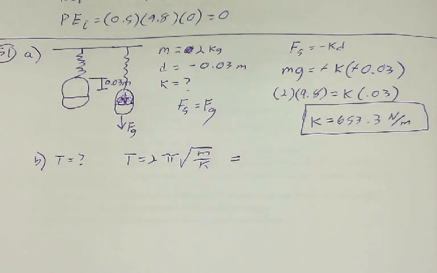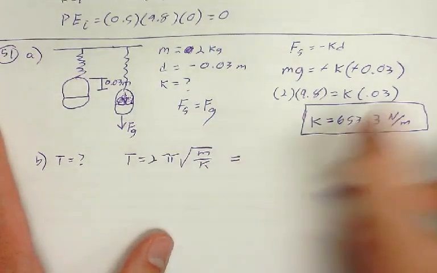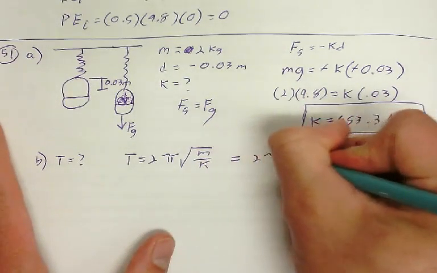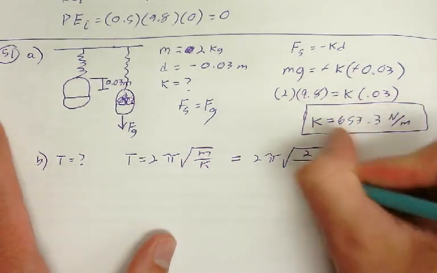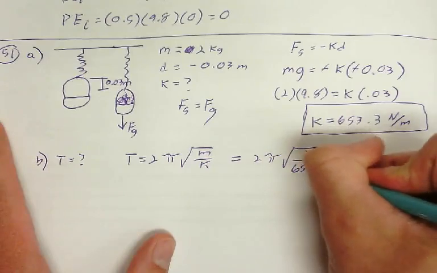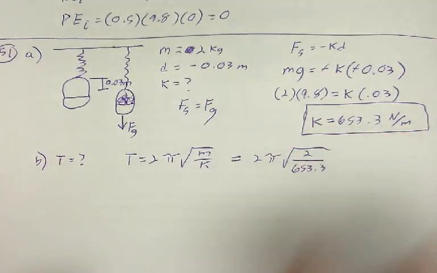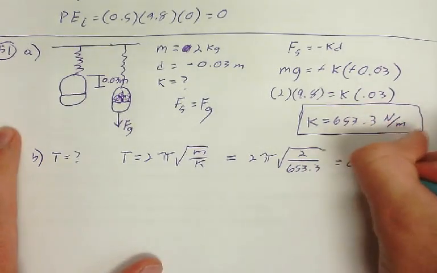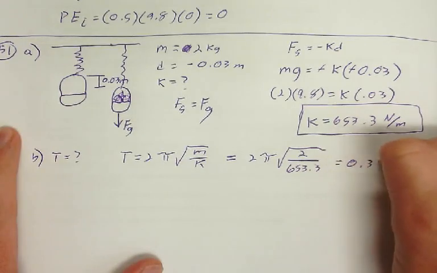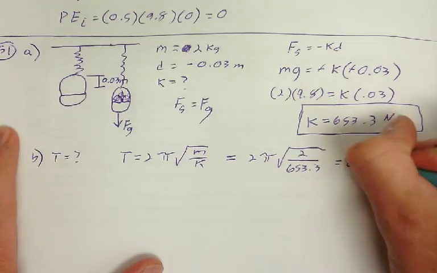So, yeah. So when I plug these in, 2 pi times the square root of m, which is 2, over k, 653.3. And I got 0.35 seconds.